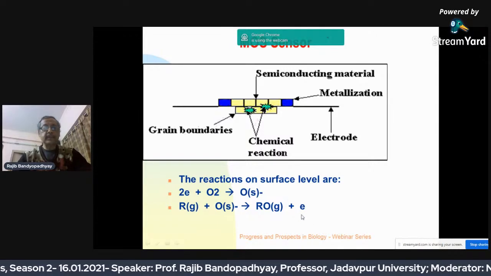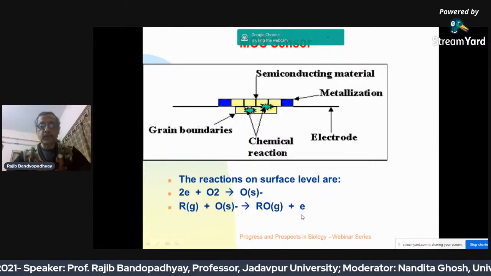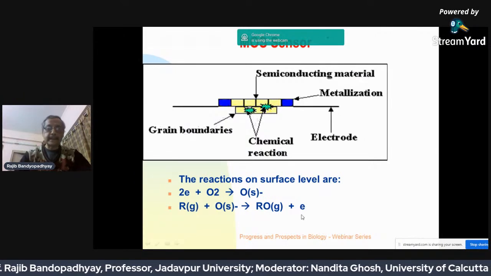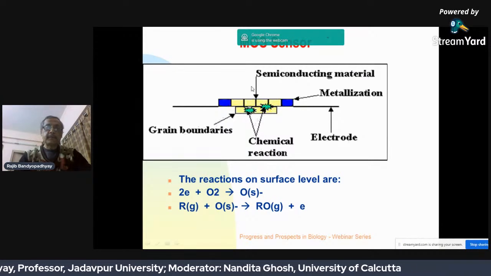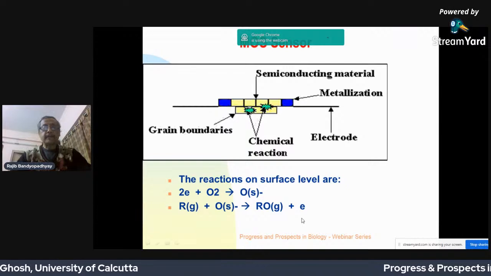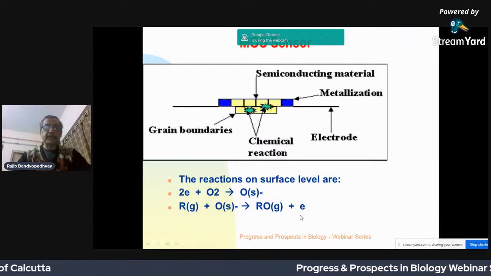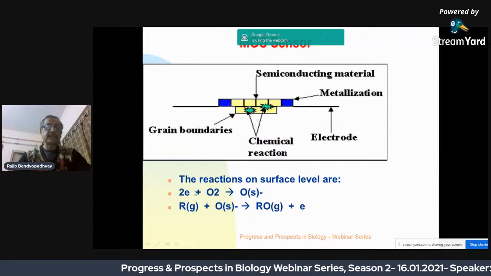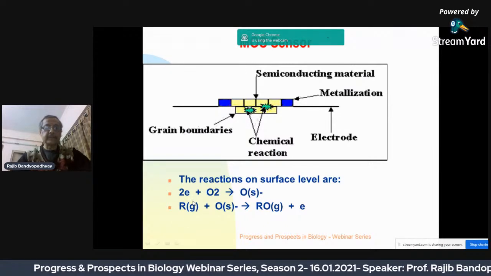This release of electrons means the conductivity is more, or the resistance is less. So if there are more volatiles, there will be more electrons, and the change of resistance will be more. And from there we can calculate: the number of electrons coming out is somewhat related to the concentration of this reducing gas and the number of molecules of the reducing gas.